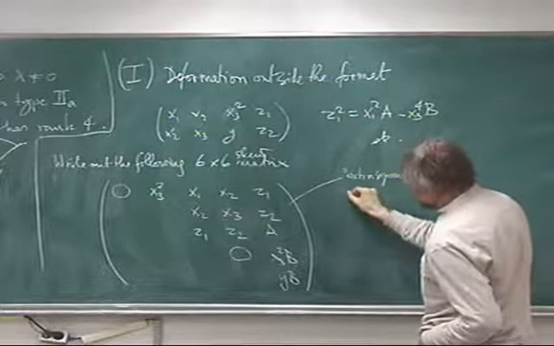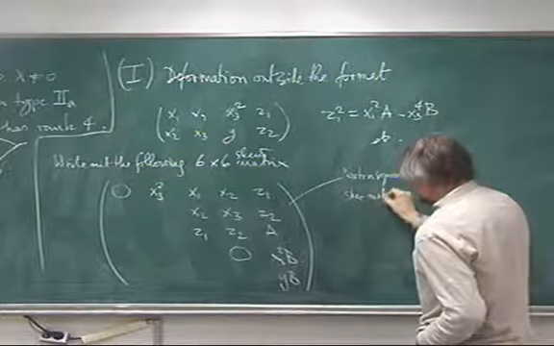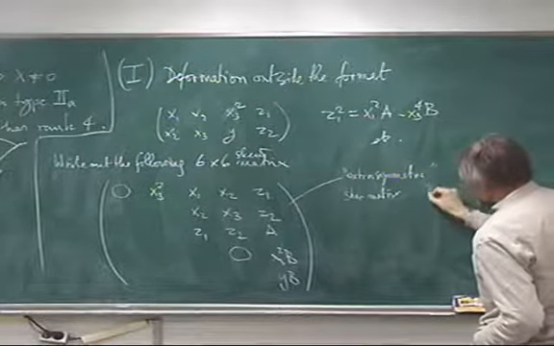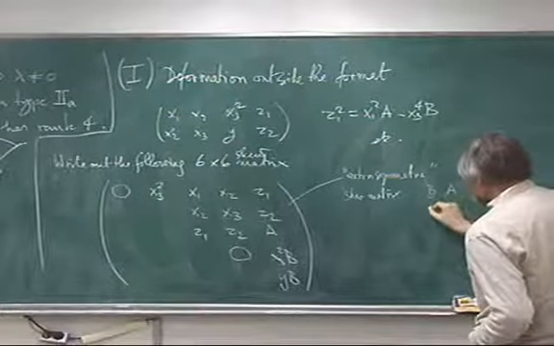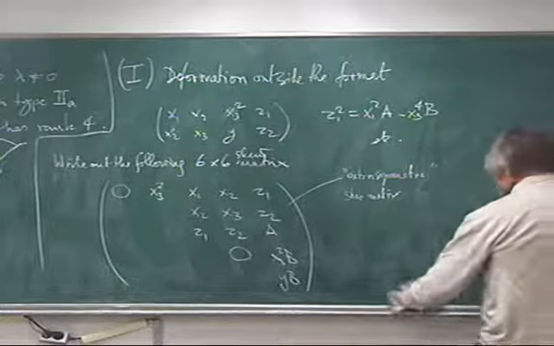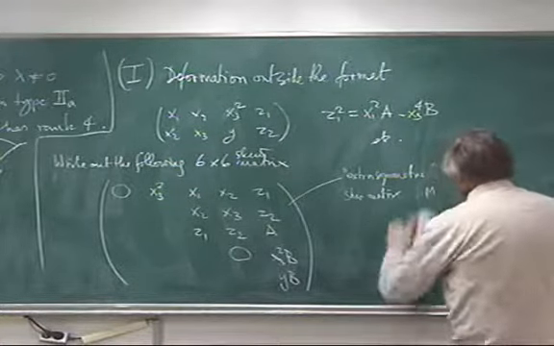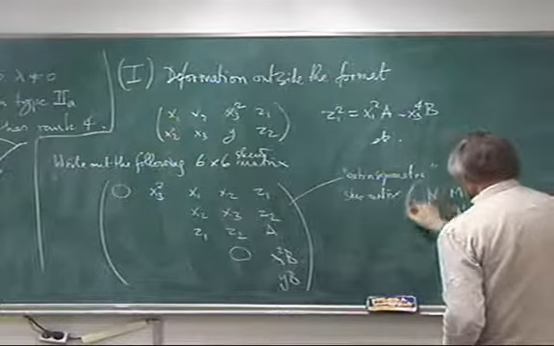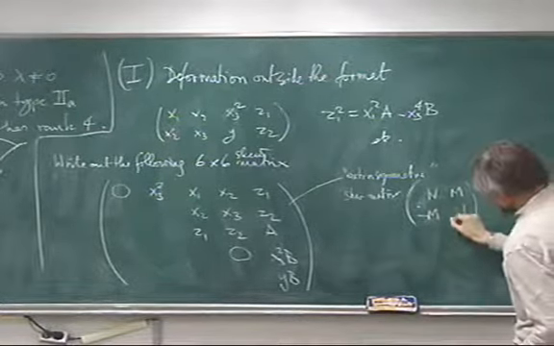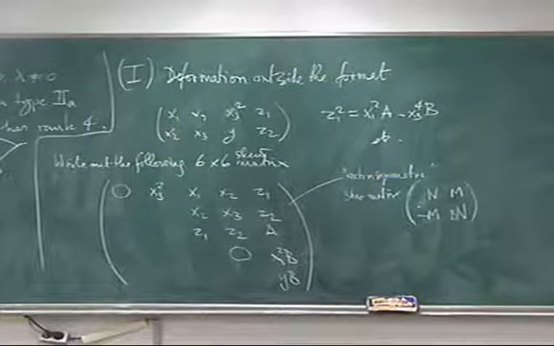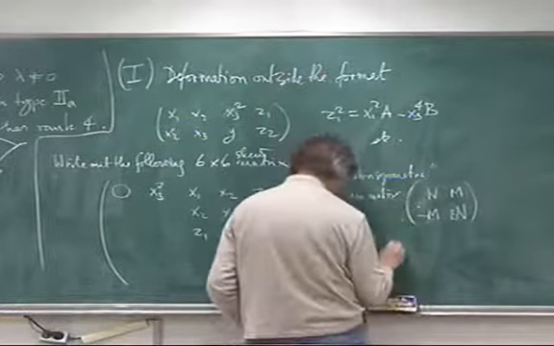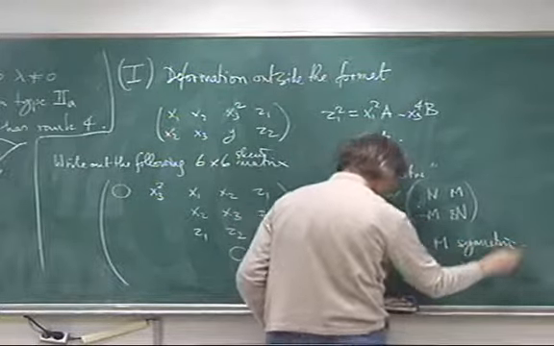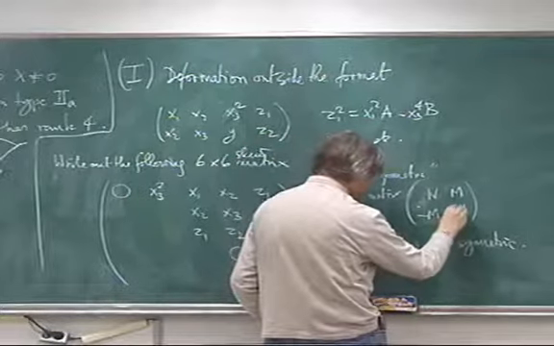It's a skew matrix, and it's of the form N, M, M, N, minus M, N. This one has got multiplied by a little factor there, where N is skew and M is symmetric. So let's pretend the B is not there just for the moment.